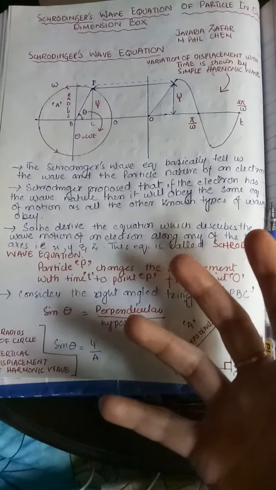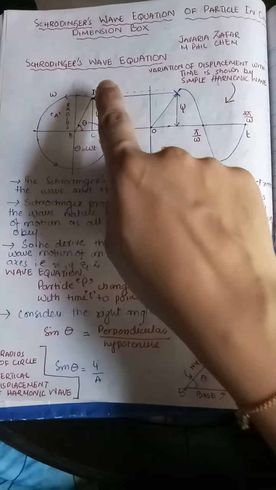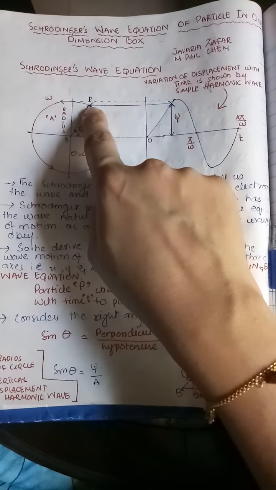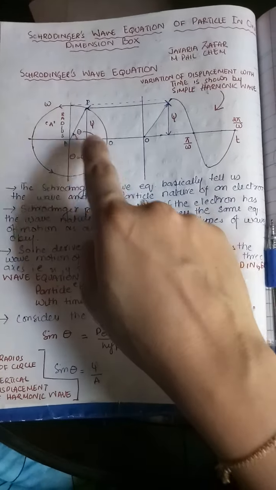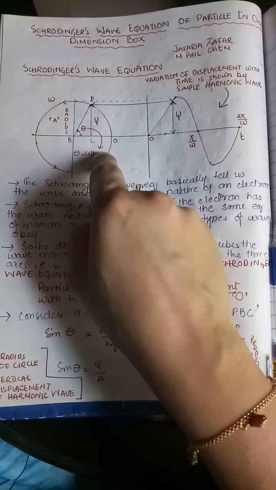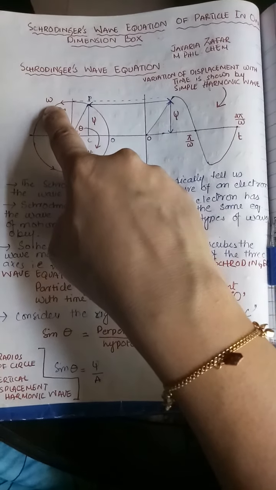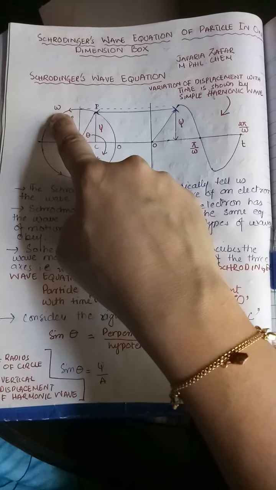To discuss this equation, we consider a particle. You can see this is a particle P. It moves in a circular path, you can see the arrow, with the angular velocity omega, and the unit of omega should be radian per second.